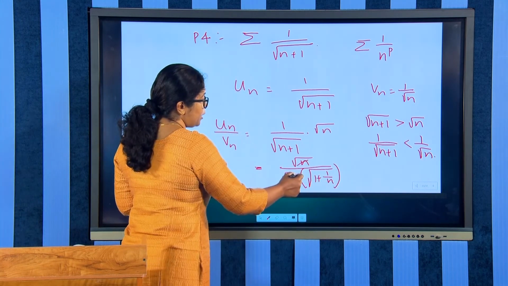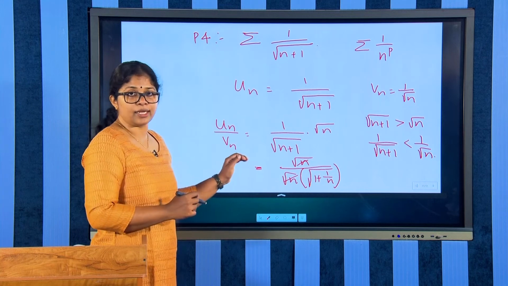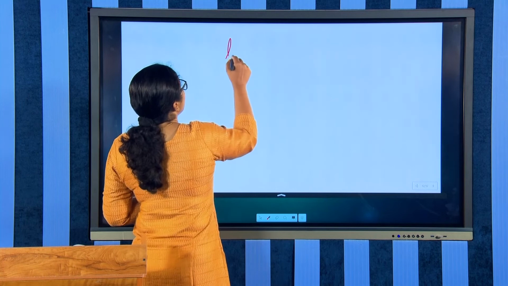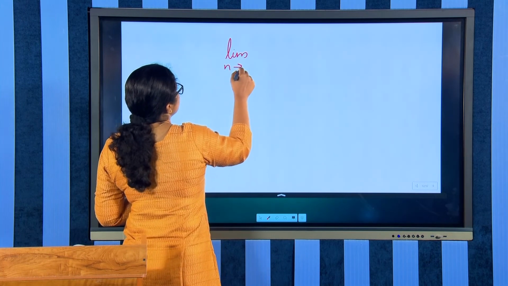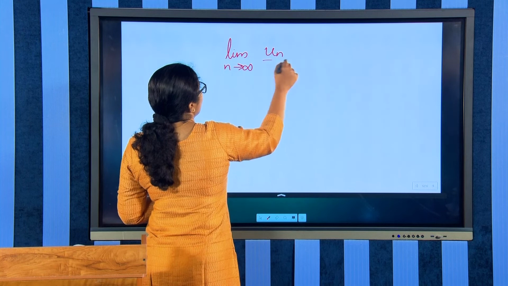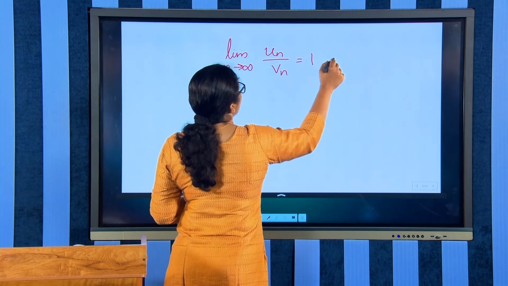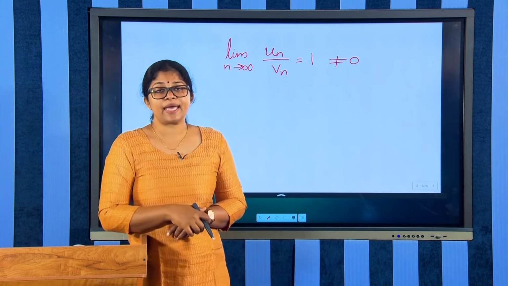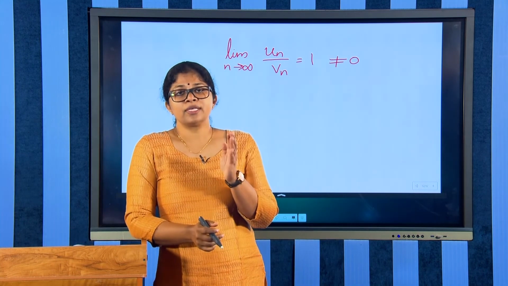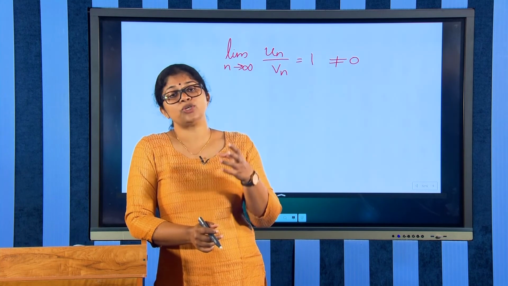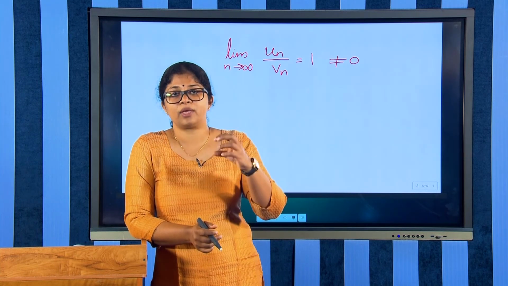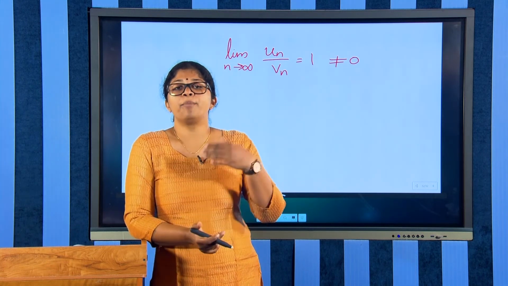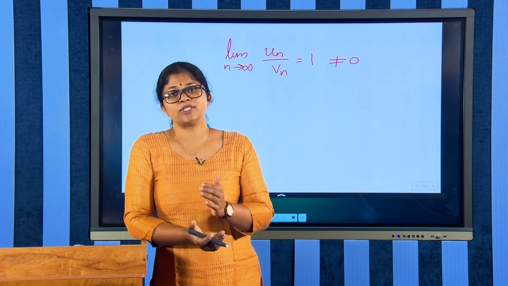So, this root n and root n will get cancelled when you take the ratio, and as n goes to infinity, limit n tends to infinity, un by Vn is nothing but 1, which is a non-zero finite quantity. And what does limit comparison test say? If the ratio limit un by Vn goes to a finite non-zero quantity, both the series converge or diverge together.